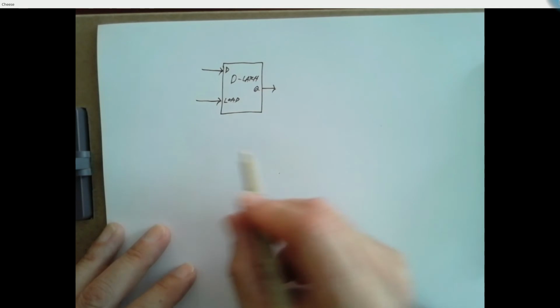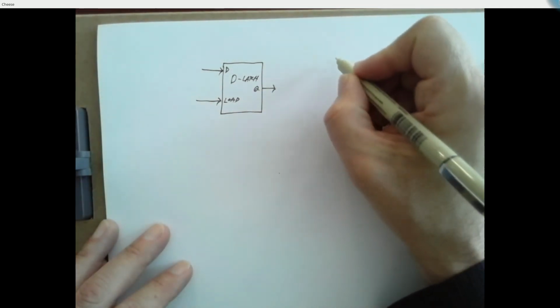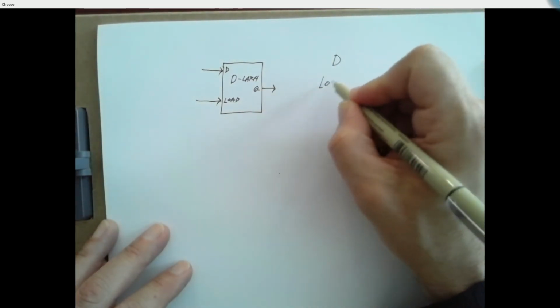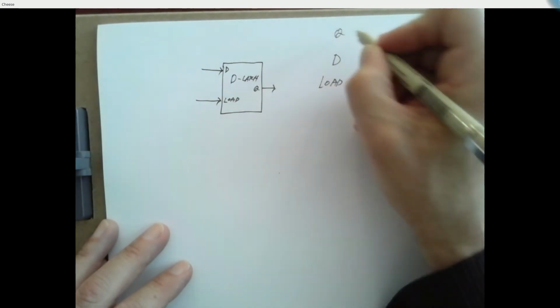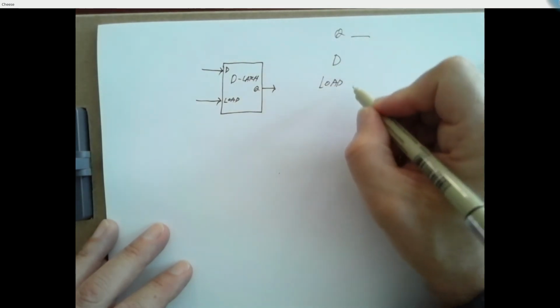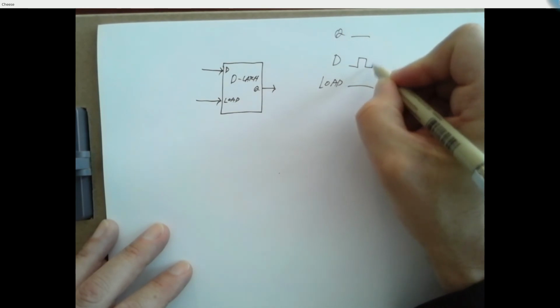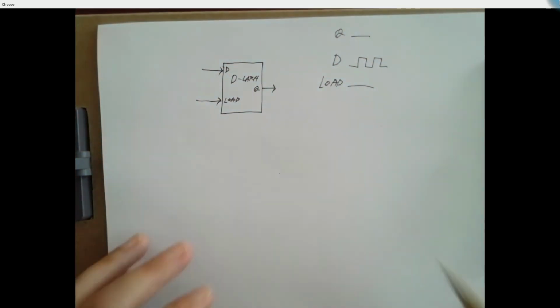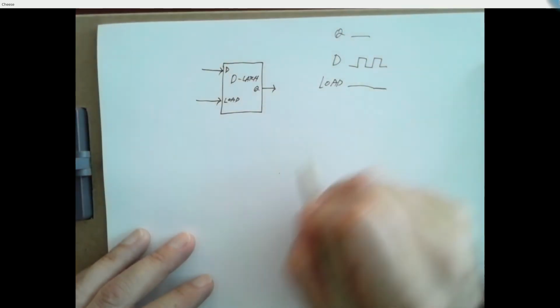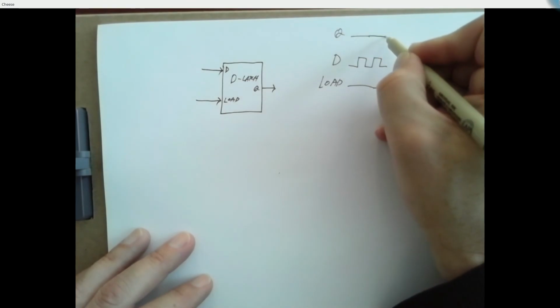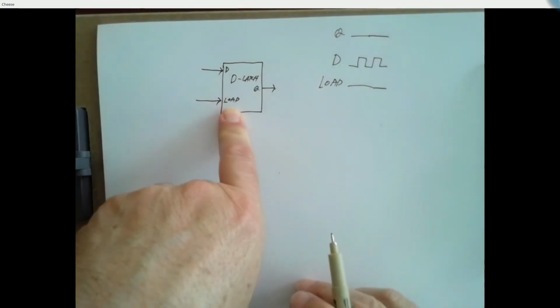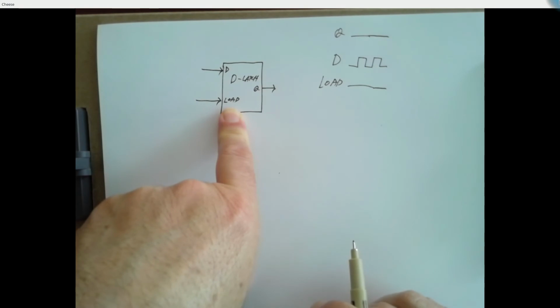So here's a timing diagram. Let's suppose Q is low to begin with. I can do whatever I want to the D line. As long as my load line is low, nothing changes. This is the line that says, hey, listen to what I'm telling you on the D input.